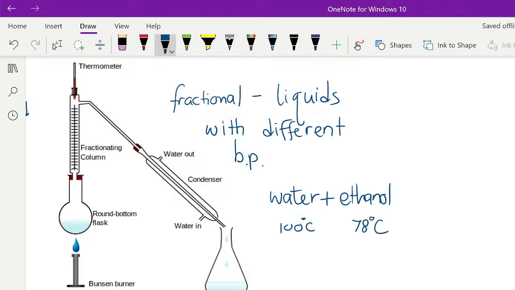So the ethanol is the one that boils first, okay? It evaporates, then condenses at the condenser, and gets transferred to the conical flask. So in the conical flask, there will be ethanol.